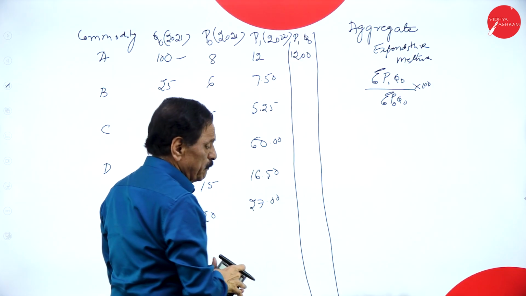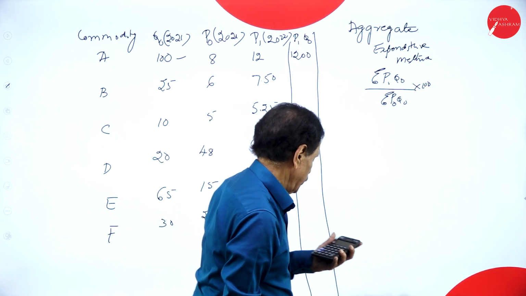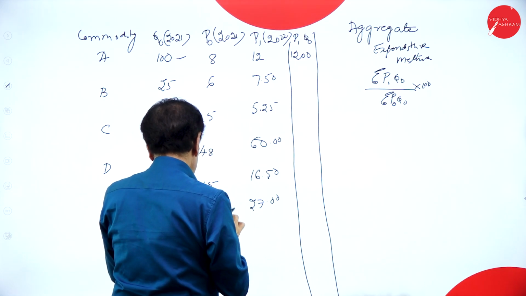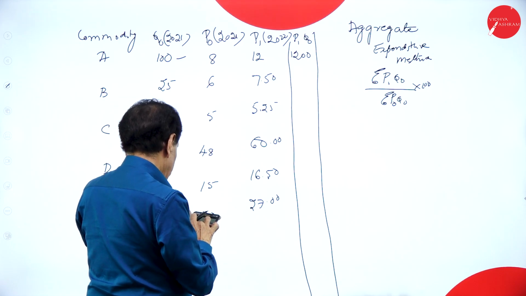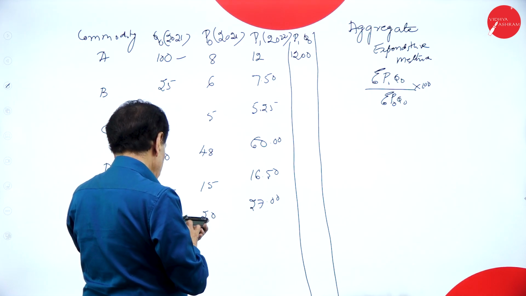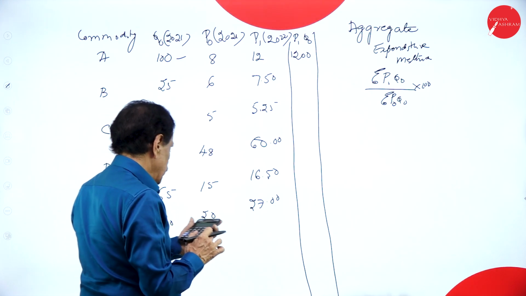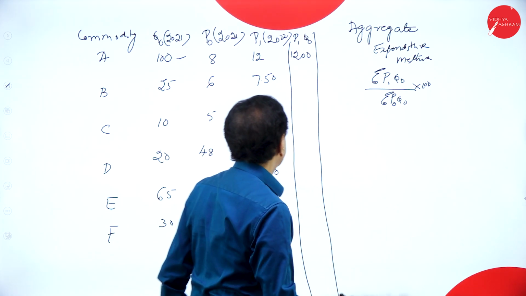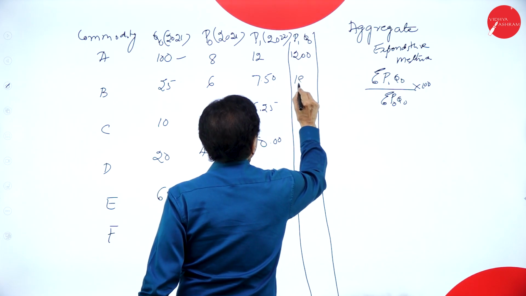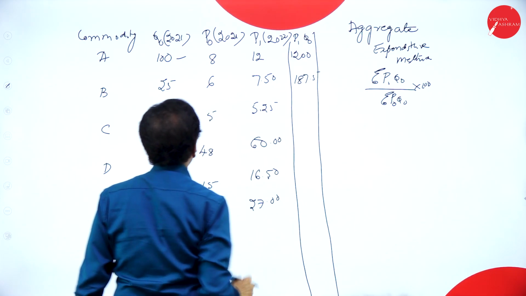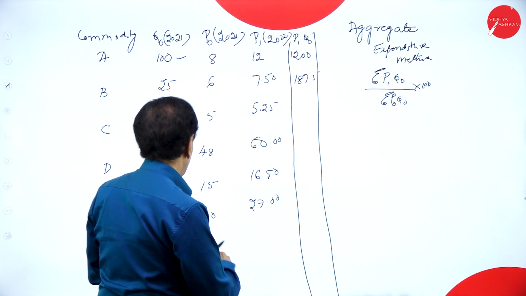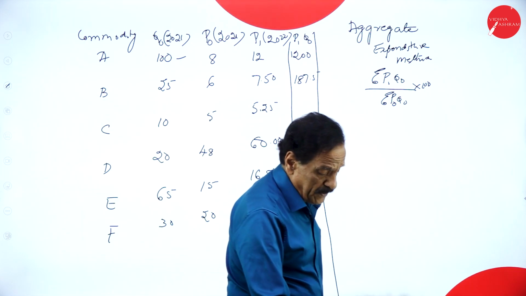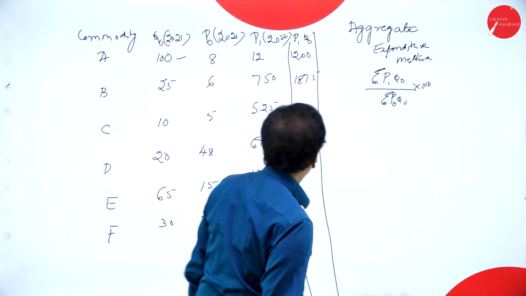Then 7.5 into 25 is equal to 187.5. Then 5.25 into 10 is equal to 52.5.